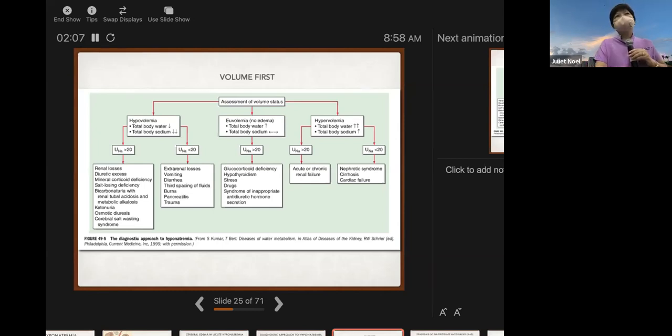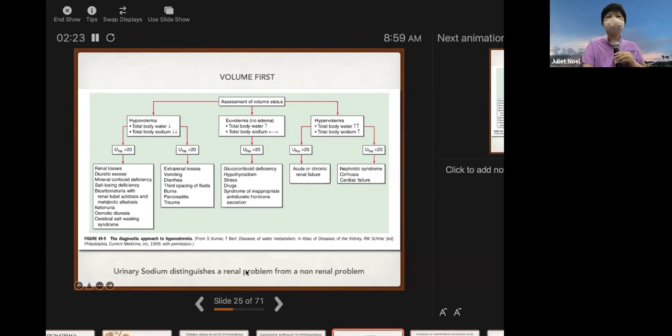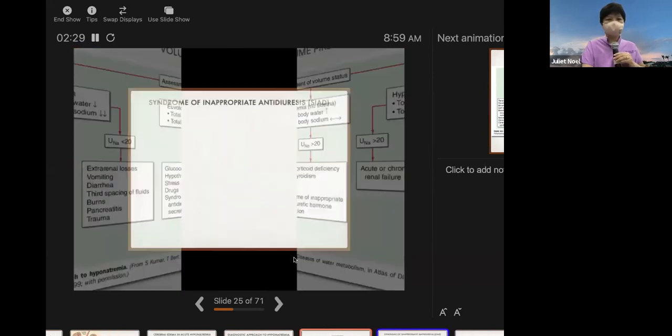For euvolemic, usually if the patient is asymptomatic, we just restrict the fluid, usually to less than a liter or less than 1.2, depending on the urine output of the patient. So urinary sodium would distinguish a renal problem from a non-renal problem.